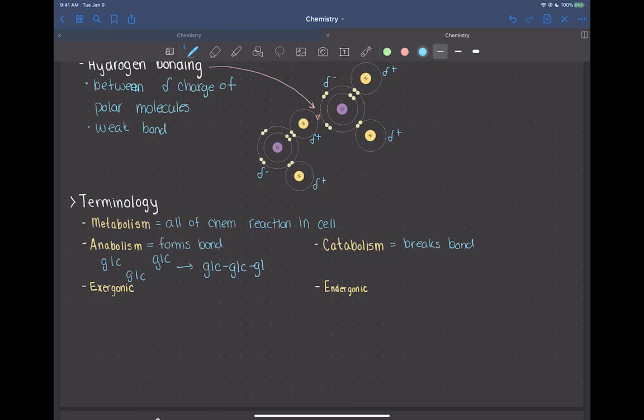That is anabolism, we just formed bonds between those 3 molecules. Then we can reverse that, take our little 3 glucose molecule and break those bonds and free those glucoses to float around again.